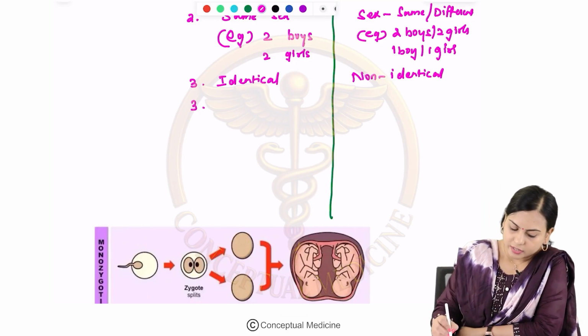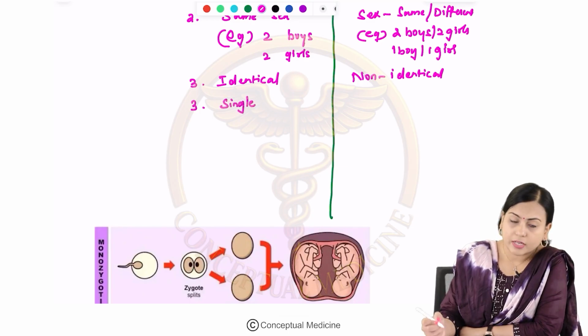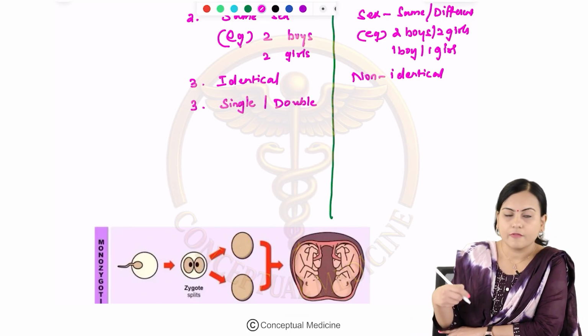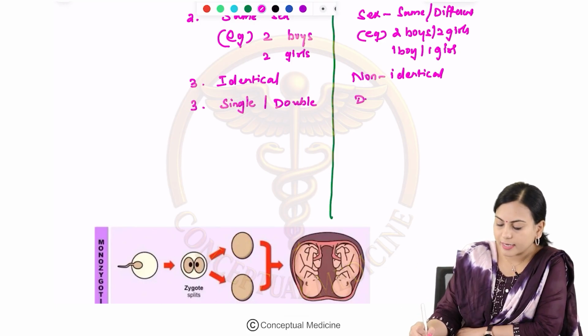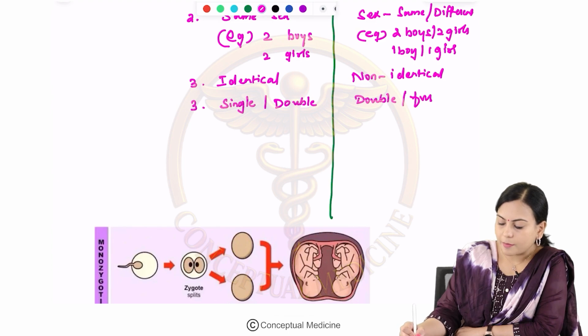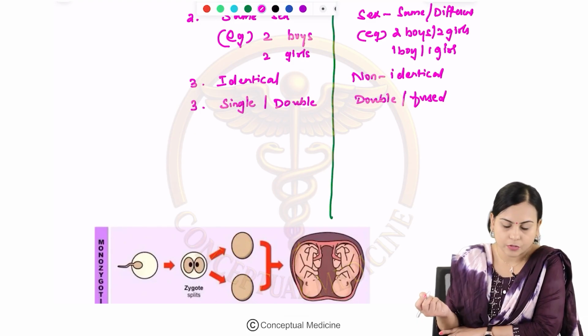Okay. Then, if we see the placenta, in monozygotic twins, there can be a single placenta or a double placenta. Okay. Whereas in dizygotic twins, there can be 2 placentas or the 2 placentas can appear fused together to appear as a single placenta. Okay.